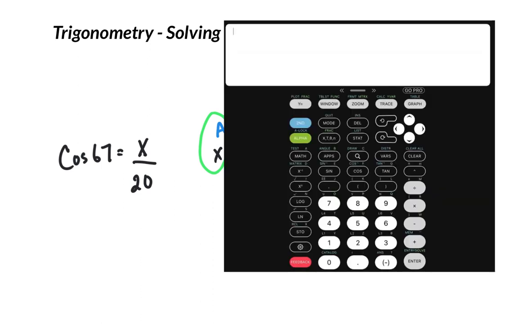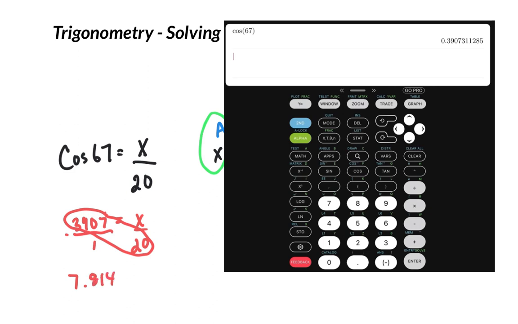Now let's figure out what the cosine of 67 is on our calculator. You're going to find the cosine button, and then type in 67, 0.3907. So I'm going to write that down, 0.3907, replacing the cosine, equals x over 20. Put that over 1. Then 0.3907 times 20, which I'm just going to type in on my own, is 7.814, and then 1 times x is just x.